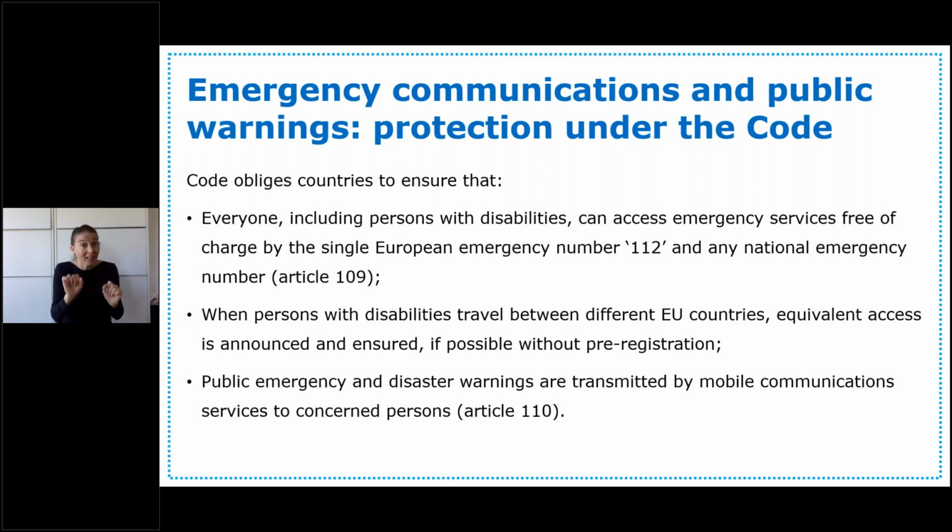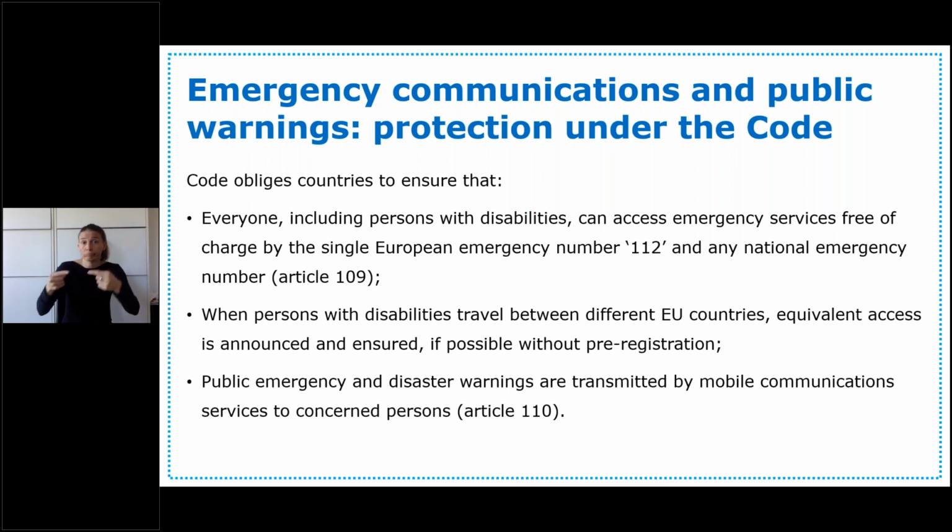And this task of ensuring equivalent access to 112 is put on the national regulatory and other bodies, but also the Commission has the function to also support this, especially when people are on the move between different countries.